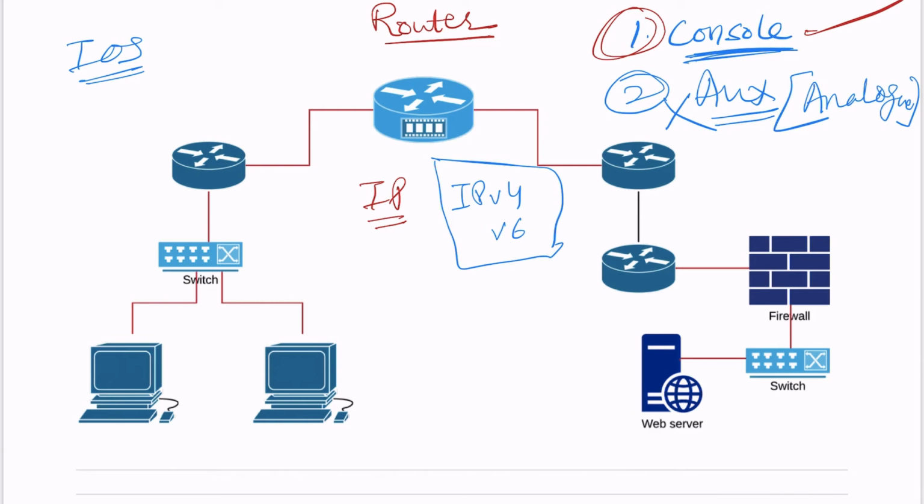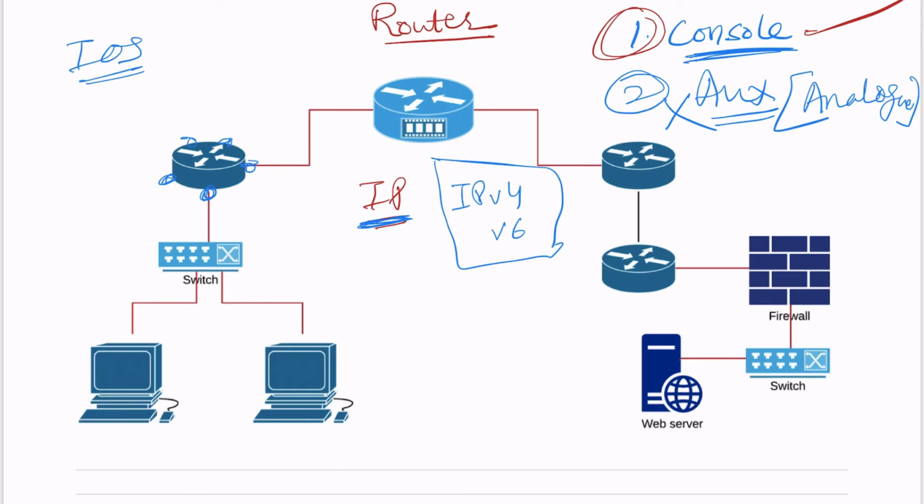These are not hard coded. So if there are 5 interfaces on the router which are being used, then you have to configure 5 IP addresses, 5 networks. You cannot have the same network configured on all 5 interfaces. You have to have different networks. So once IP addresses are configured, you can configure the devices which are connecting to these interfaces.